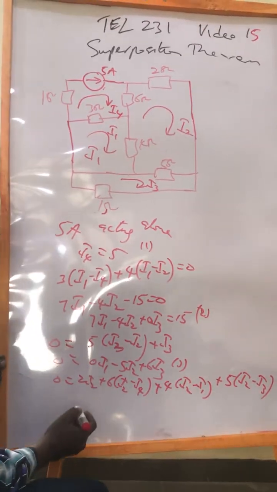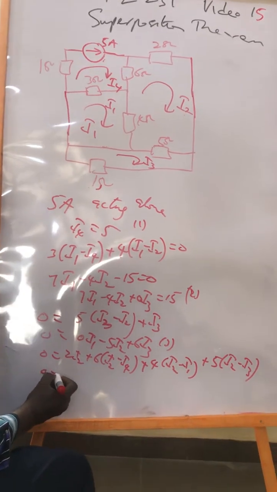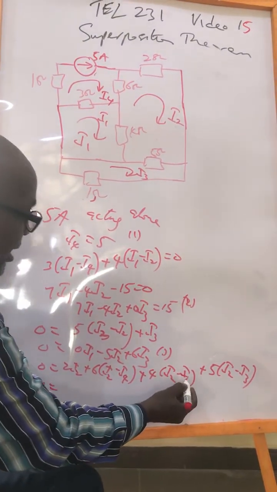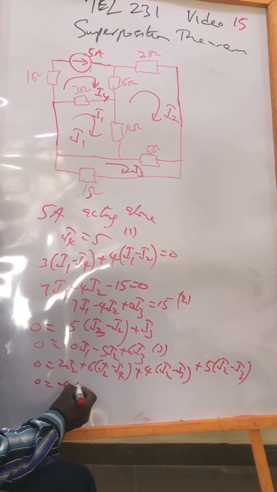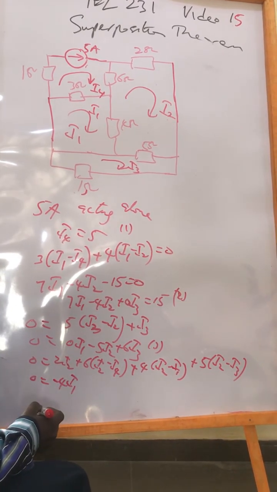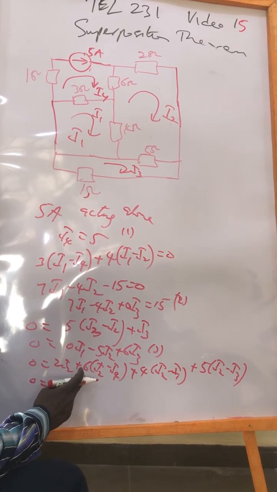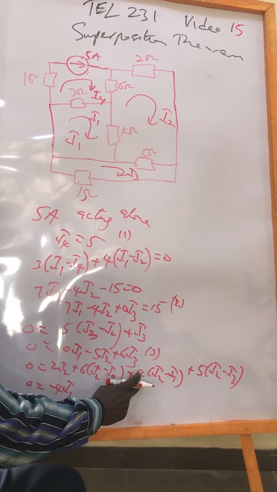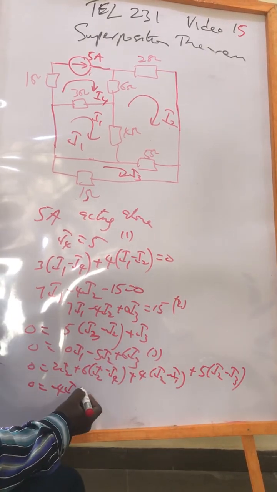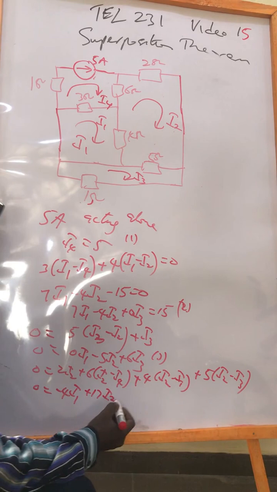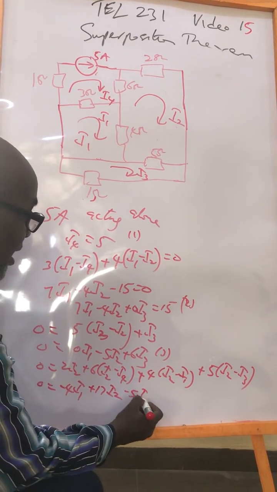So from here, 0 equals minus 4 I1, because there is I1 here. For I2, I have 2 plus 6, that is 8, plus 4, 12, plus 5, 17, so plus 17 I2. For I3, I have minus 5 I3.